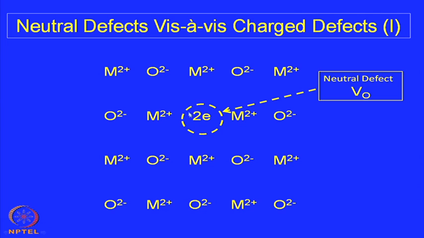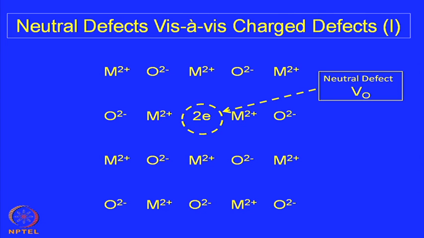Now, the oxygen and its charge, there are two components: one is the mass component and another the charge component. When oxygen is removed, it is no longer there in that site. So the mass has been removed, but the charge may not have been removed.